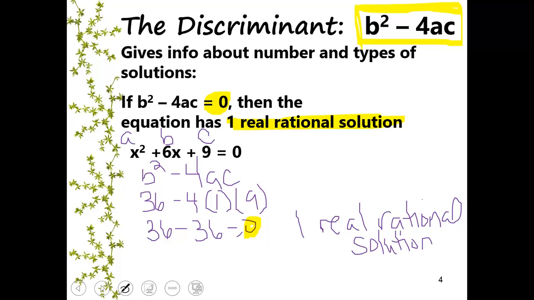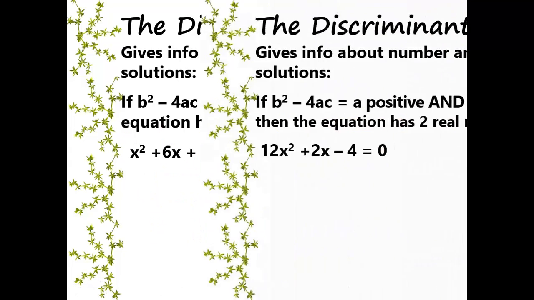And it's actually going to be the opposite of b over 2a, the opposite of 6 over 2, or negative 3.